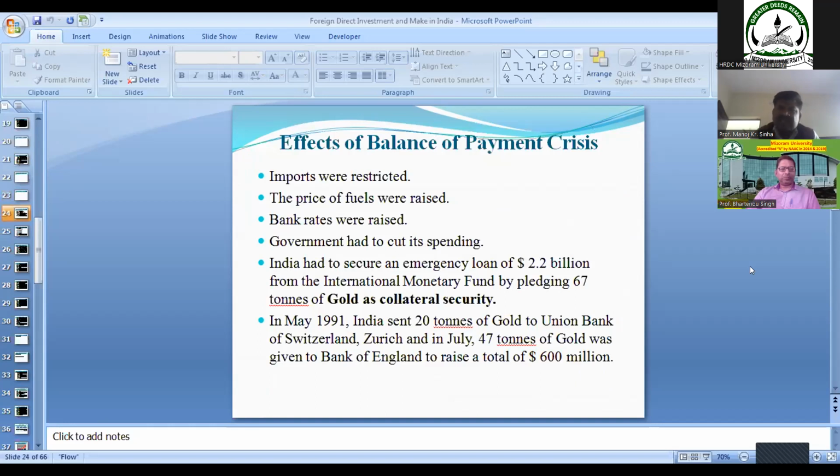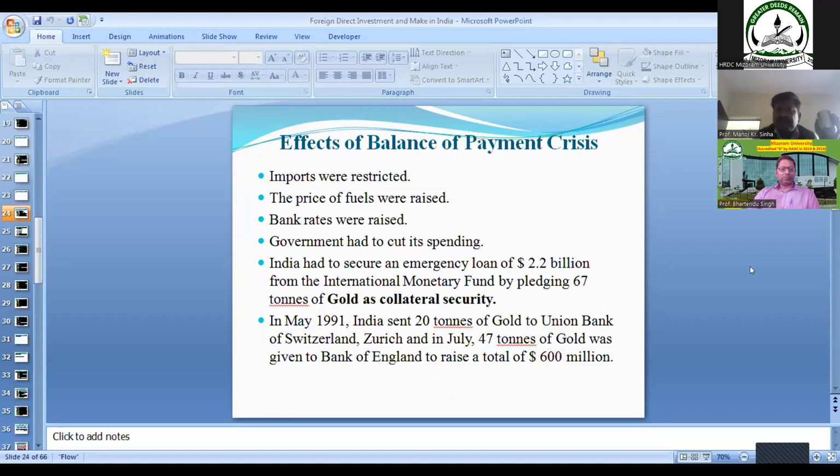Every crisis, as our Prime Minister always said, offers opportunity also. During this period, as an effect of the balance of payment crisis, imports were restricted for the purpose of improving the foreign exchange reserve position. The price of fuel was also raised, bank rate was raised, and the government had to cut its spending.